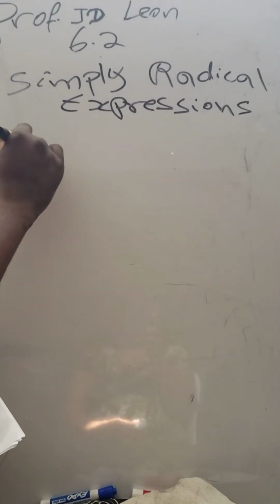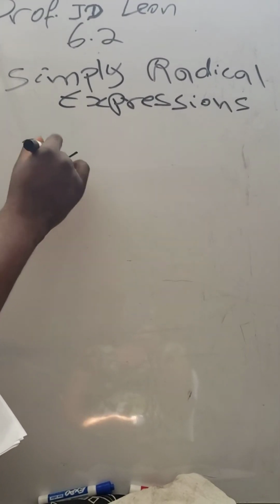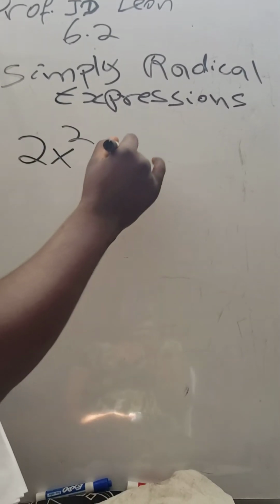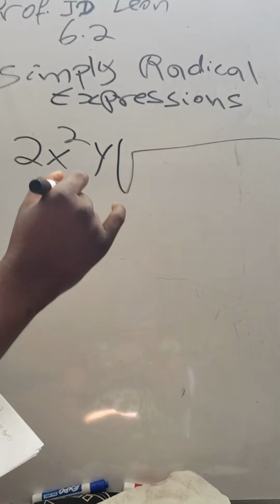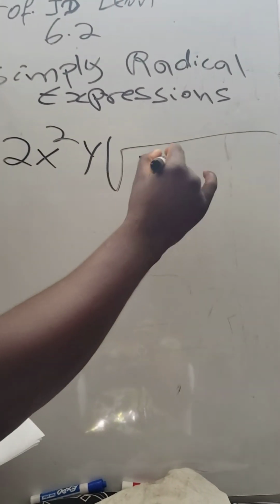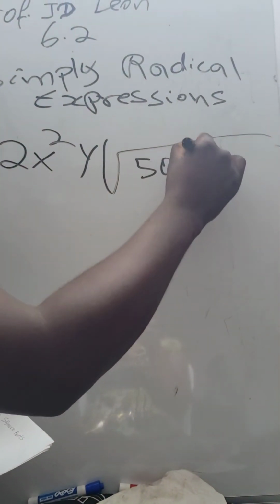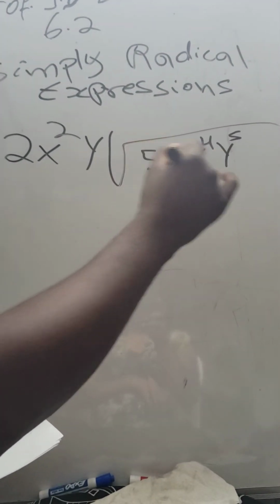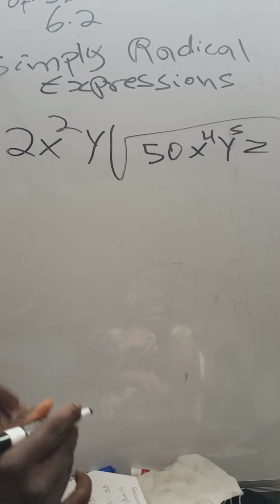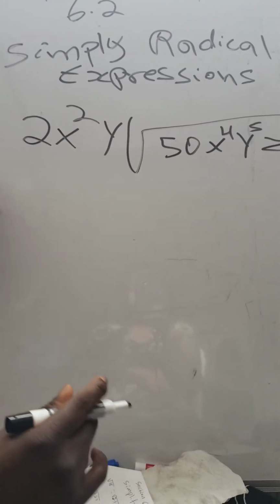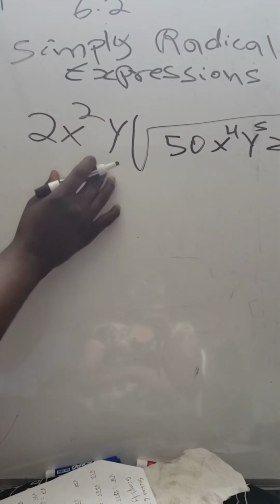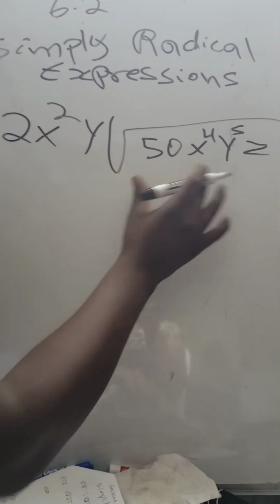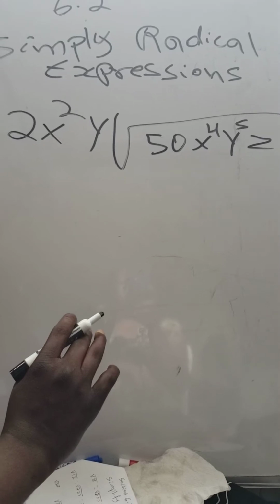Let's say we had 2x squared y, and then the square root of 50 x to the 4th power y to the fifth z. Whatever expression we have outside of the square root is fine, but the ones inside of the square root are what we have to worry about.